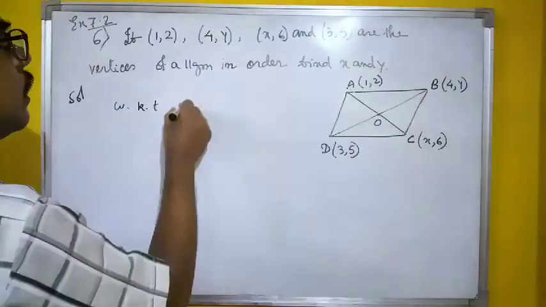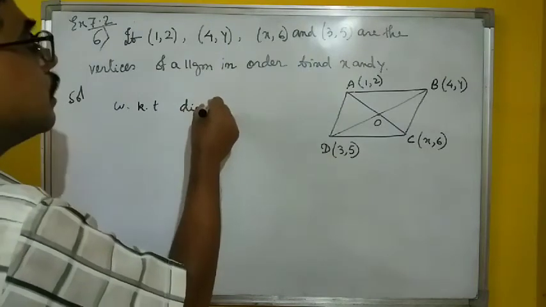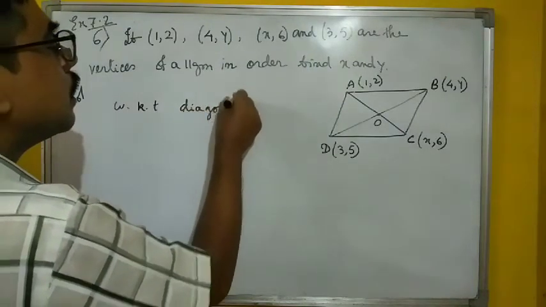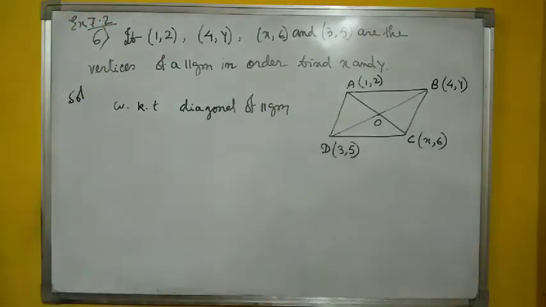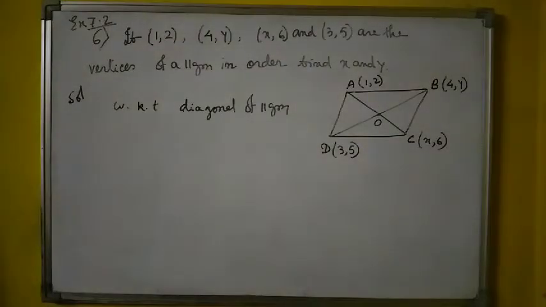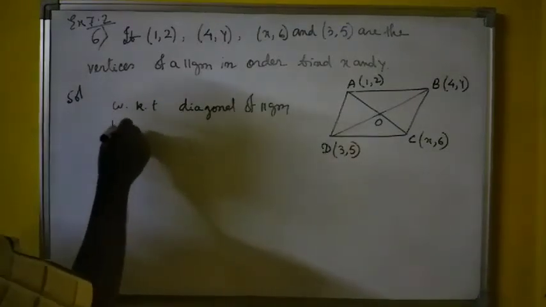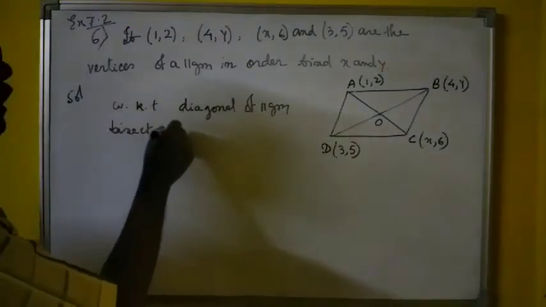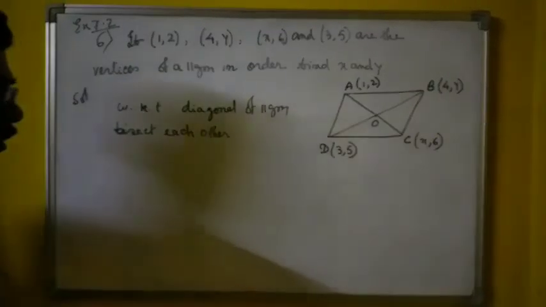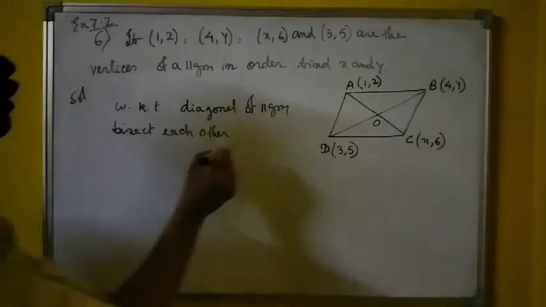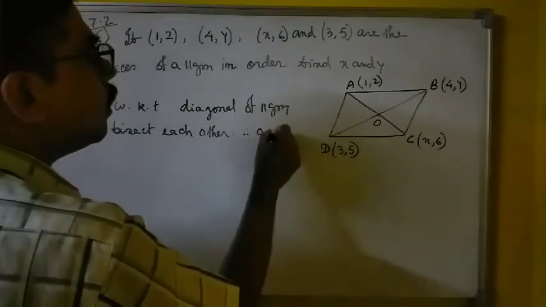The diagonals of a parallelogram bisect each other. Therefore, O is the midpoint.